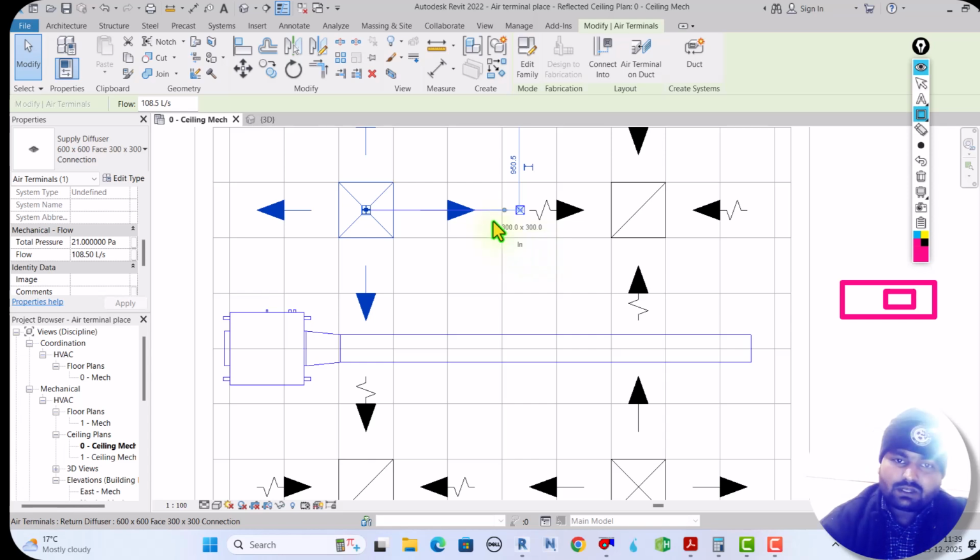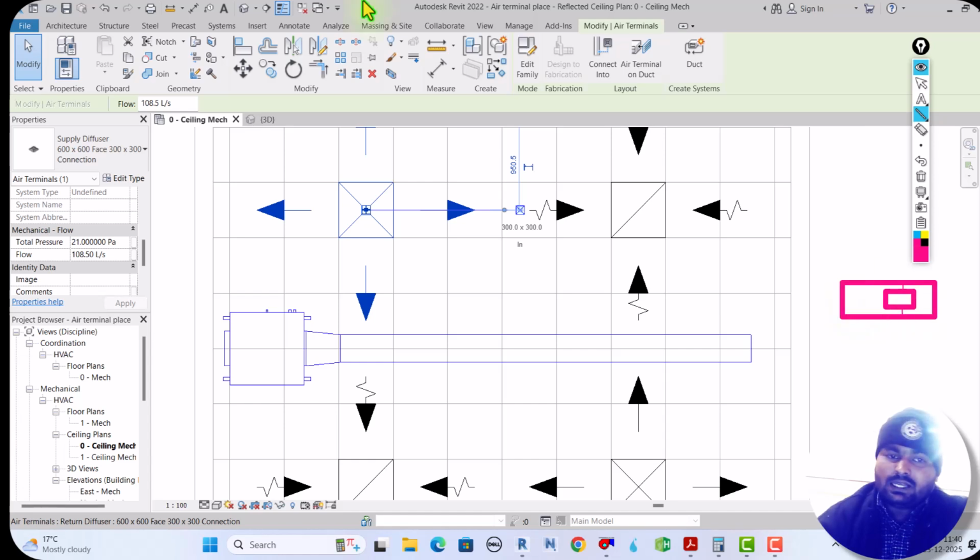It means if the neck size is 300, then the width of the branch duct should be 350, minimum 50 mm greater. Because on both sides, here and here, there should be 25 mm this side and 25 mm this side, so it will be 50 mm greater.